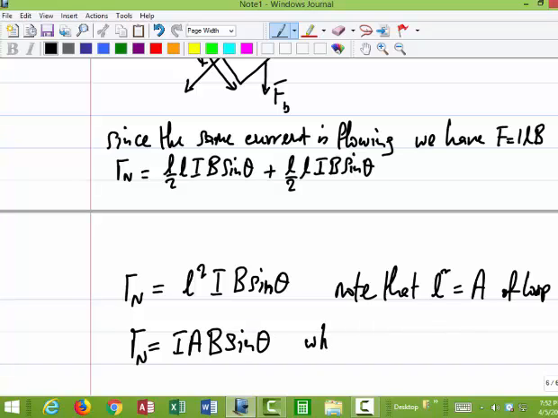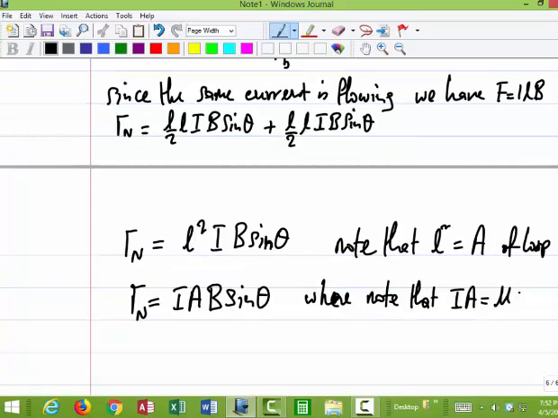We can note again that the current times the area of the loop is equal to the dipole moment mu. Okay, this is the dipole moment. So we can replace that now and say the net torque is equal to dipole moment times B sine theta.